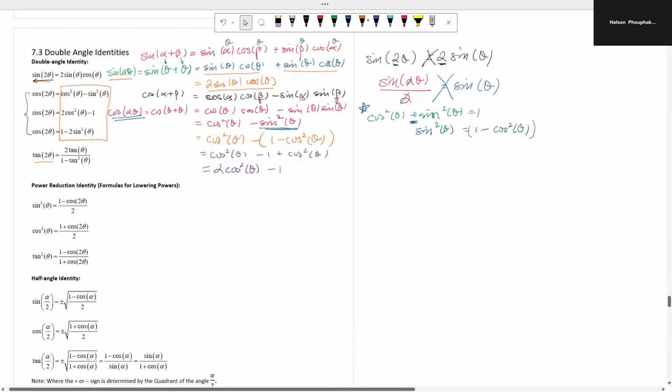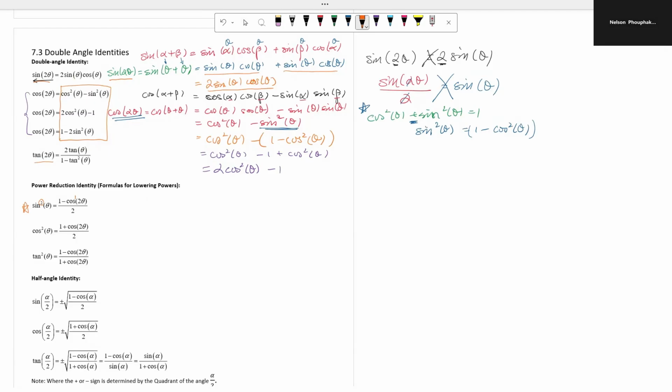And now let's see how we work with the power reductions. The idea about the power reduction is that on the left-hand side, the power of the expression is a square, sine square theta, and on the right-hand side, the power is 1.